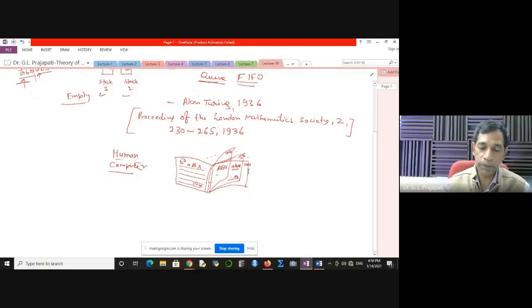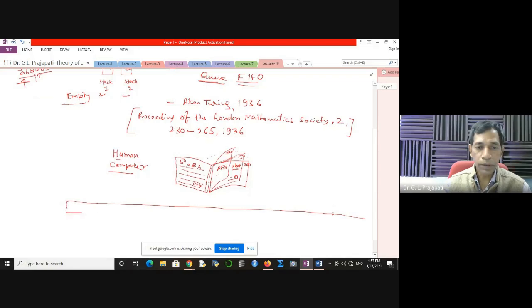So instead of the sheet of papers, we have the tape. You can say this is the tape we have. We assume that the tape has sufficient capacity, so we can store any amount of information.